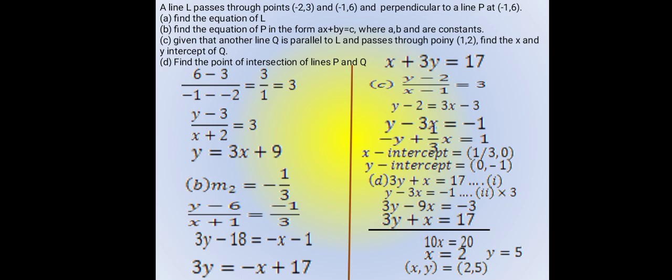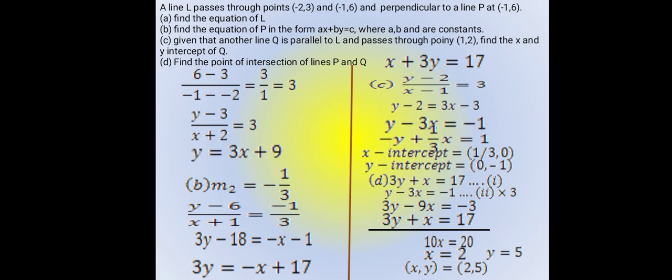A line L passes through points (-2, 3) and (-1, 6) and is perpendicular to line P at (-1, 6). A: Find the equation of L. B: Find the equation of P in the form ax plus by equals c, where a, b, and c are constants.